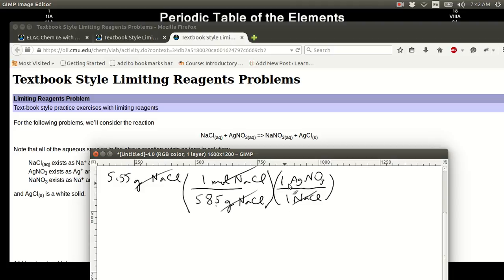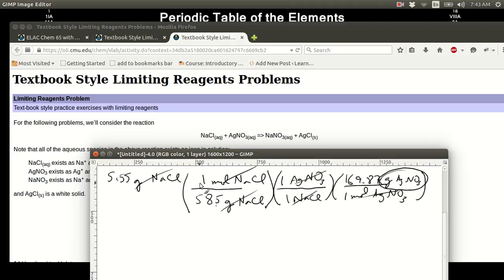All right. And now I know that in 1 mole of silver nitrate, there are 169.87 grams of silver nitrate. Okay. So now I have grams of silver nitrate as the only unit that's not crossed out here.